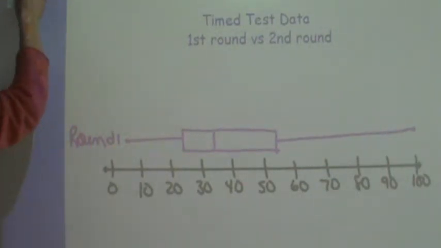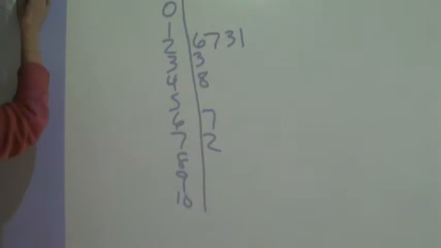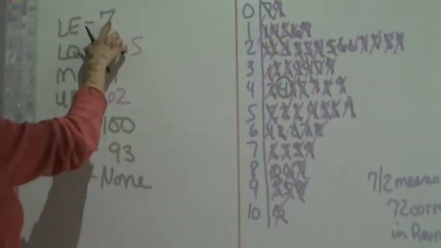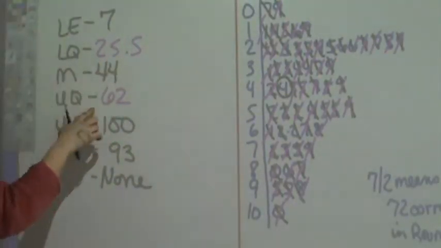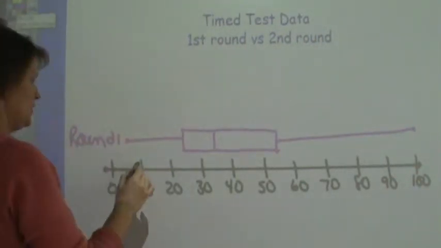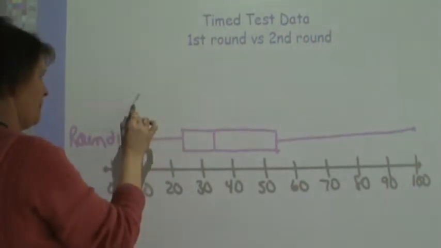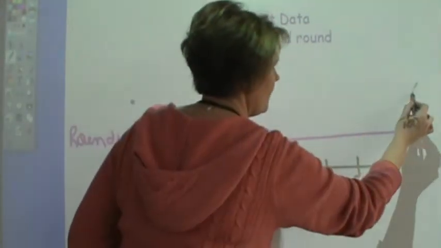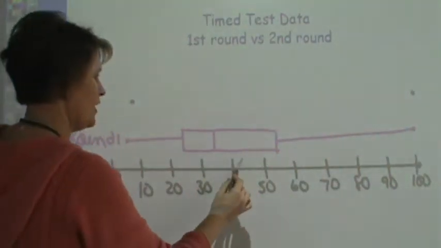So our lowest number for round 2, all right, so lower extreme of 7 and 100, and then 44. So 7, 100, and our median was 44.